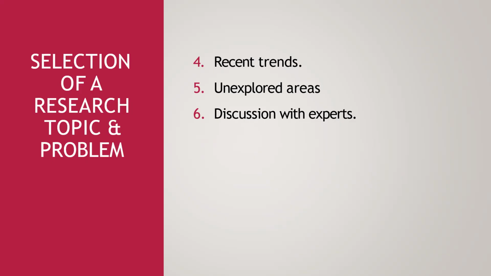And the next thing is discussion with the experts. If there is an expert, you can get guidance related to your topic selection from expert mentors, and this will also help you to select your topic easily.